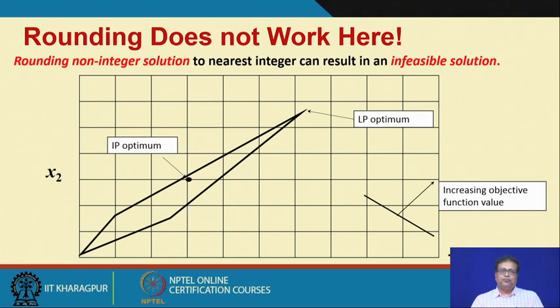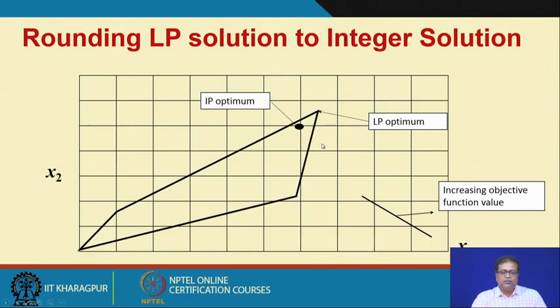Difficult to know also. So, under such situations, if you round off this value, you get either this or this, or this or this or anything nearby, they are not at all feasible, right. So, you cannot round off and get from LP optimum to IP optimum as you have done here.